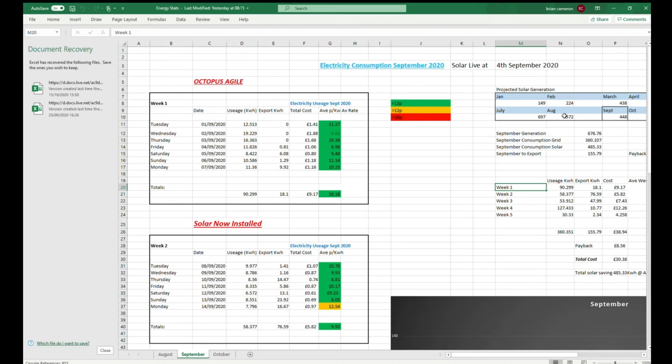So I've already gone through some Agile information based off of this spreadsheet before, as a bit of a snapshot, and just how we were doing and how I was collecting my data. So this is a breakdown per week.